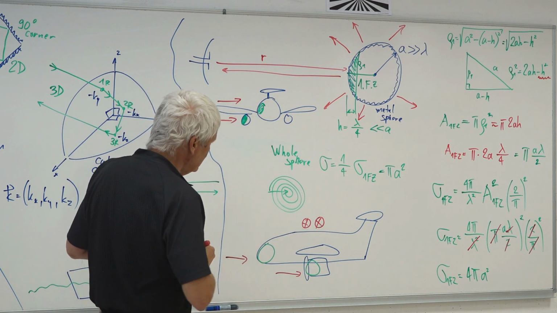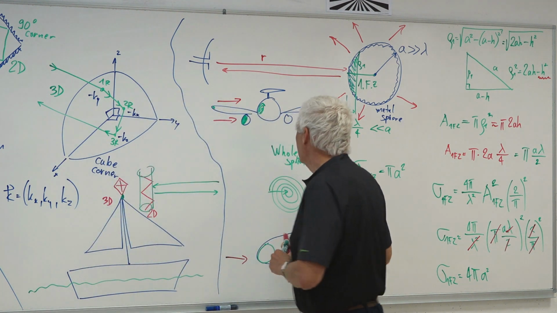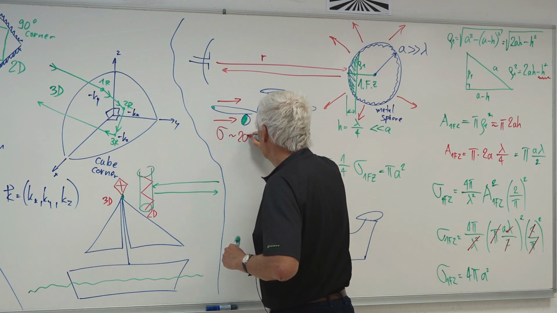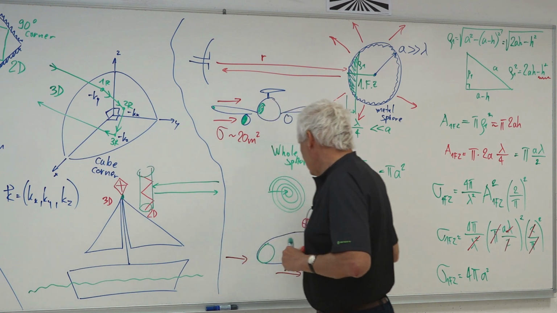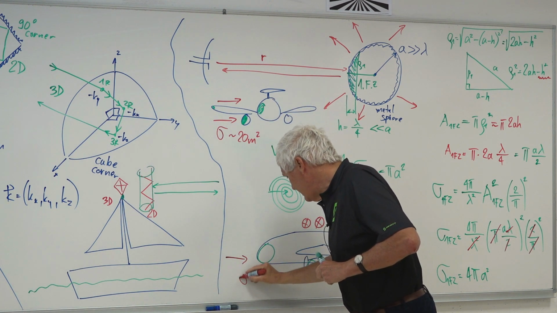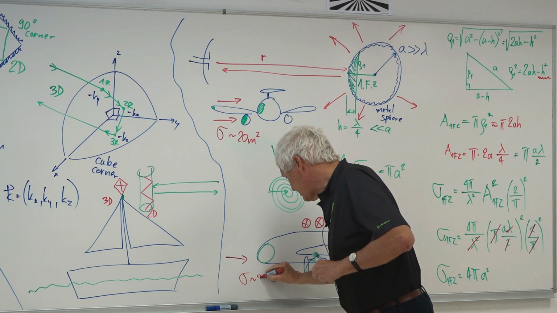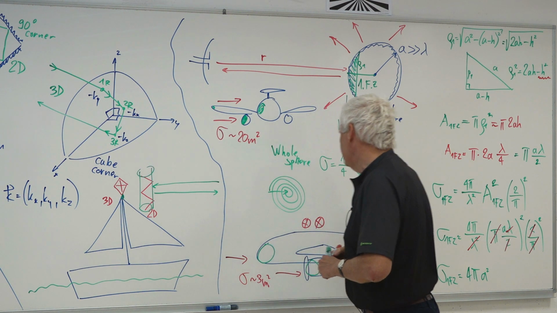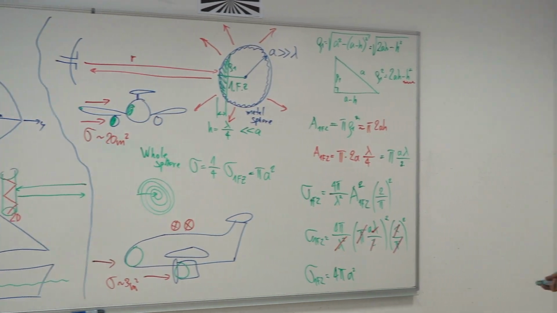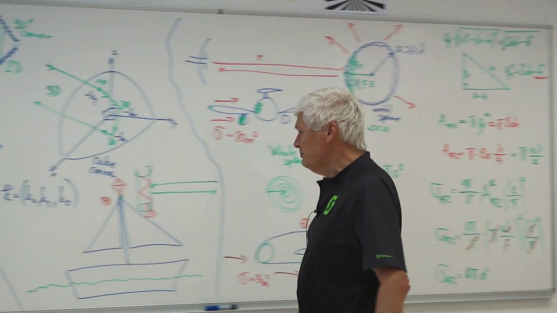And here from the side, because this area is quite long, I may get a sigma of around 20 square meters. Here in the front, I maybe get sigma only less than that, perhaps around 3 square meters, depending now on the size of the aircraft. This is for civilian aircraft, so I know that this equation is approximately correct.